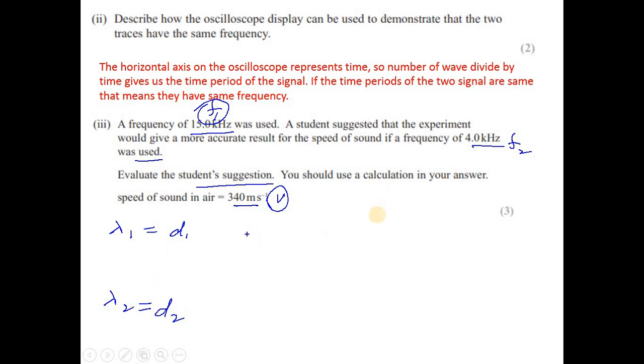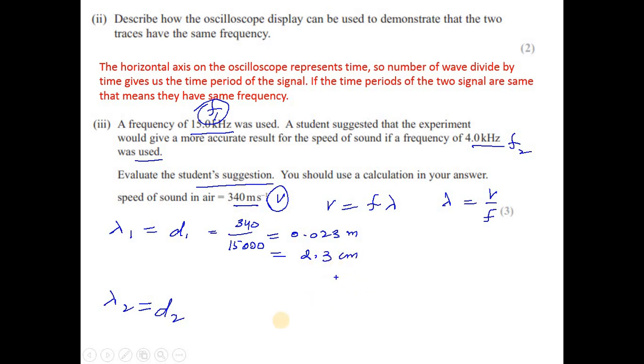You know that v is equal to f lambda. So lambda is equal to v by f. So lambda 1 is basically 340 divided by 15 kilohertz, so 15,000, and it will give you 0.023 meter, or you can say 2.3 centimeter.